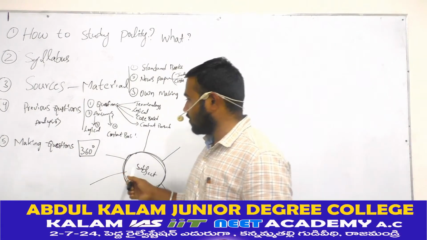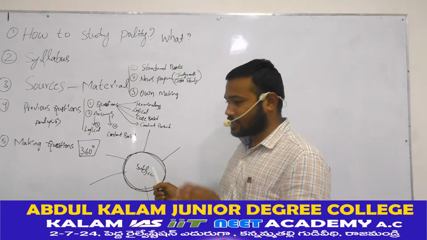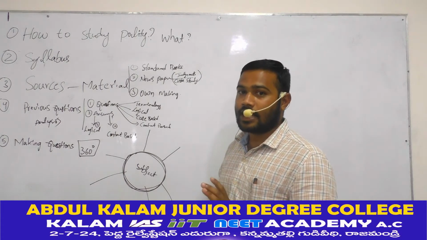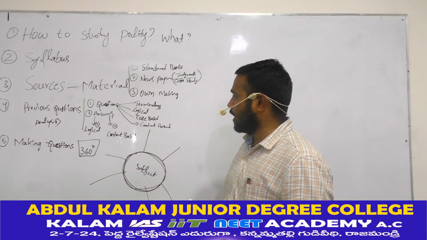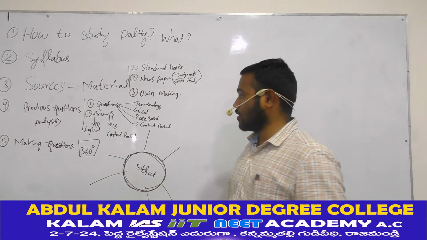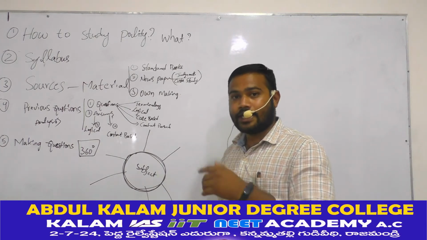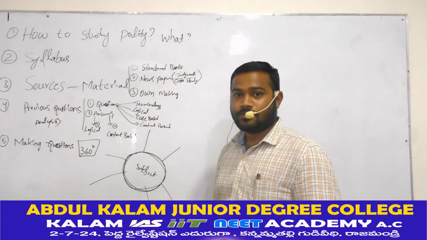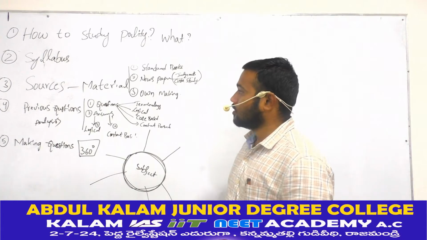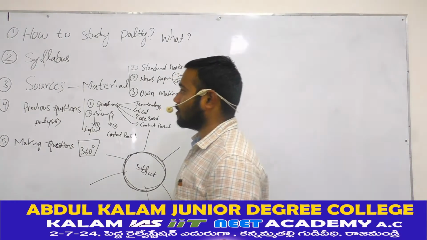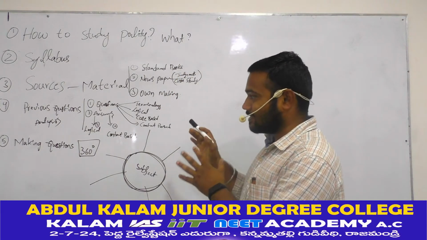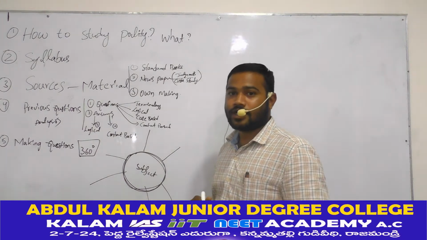This is very, very important. We have to focus on every angle of making questions, like analytical questions, logical questions, content based, direct questions or indirect questions. So that's the thing. We have to know about polity. These are the main things for the study of polity.